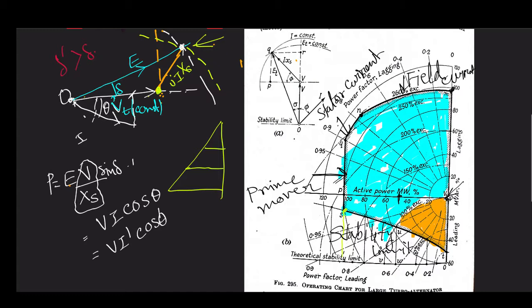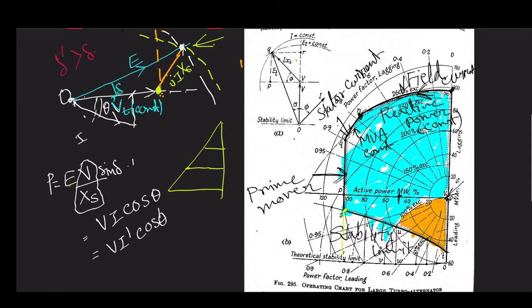Well, with that excitation, you now keep on increasing your load. If you follow this arc, along this arc your reactive power is constant. Once you reach this point N, what is changing along this curve is your active power. Once you reach this point, here your MVA is constant.